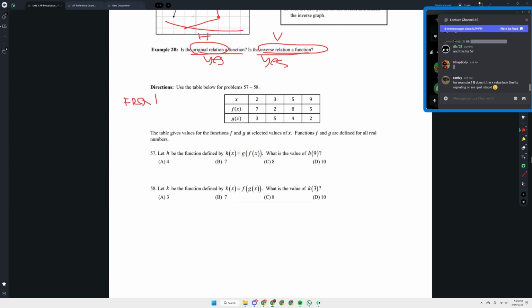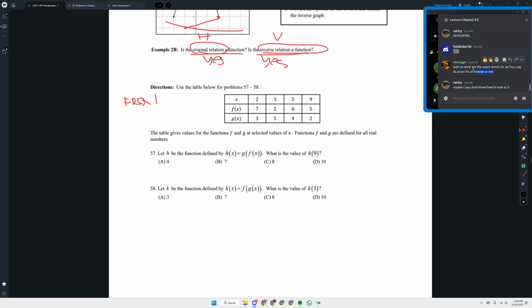For example, 2b, doesn't the x value look like it's repeating? No, I think I just drew it badly. It doesn't repeat.